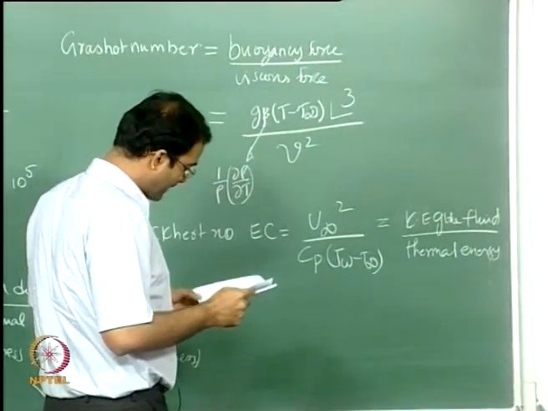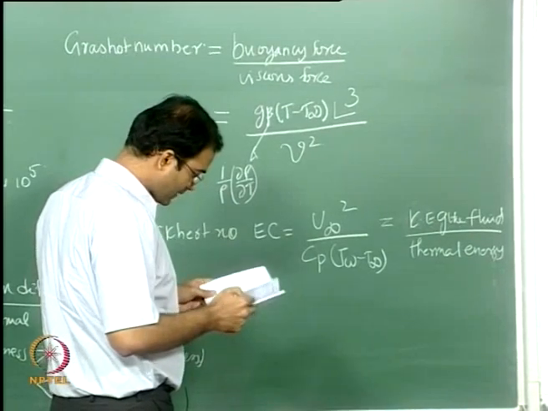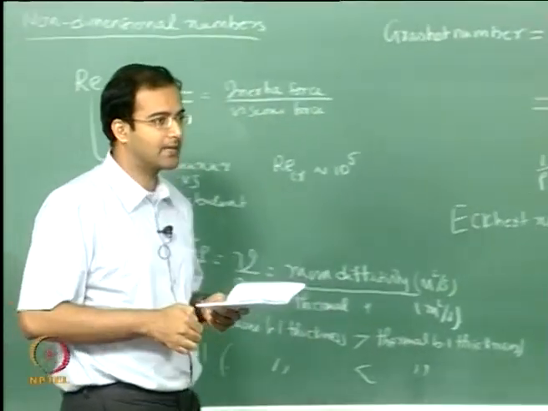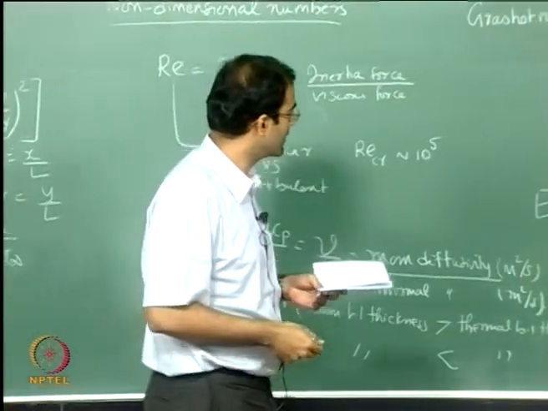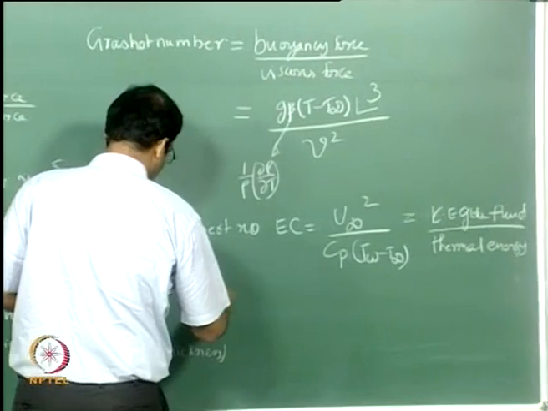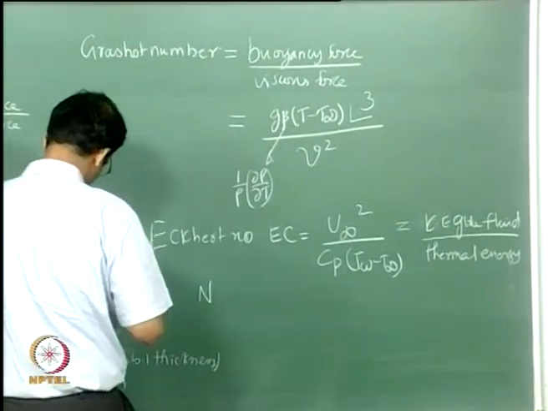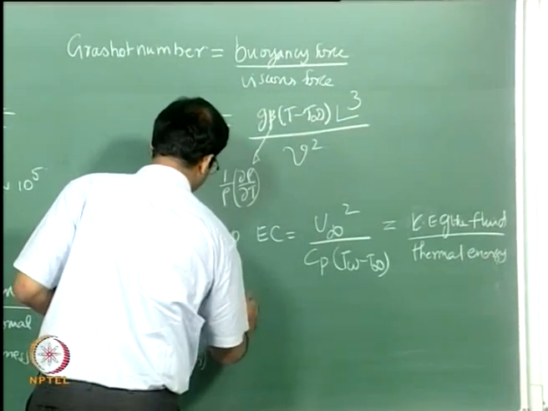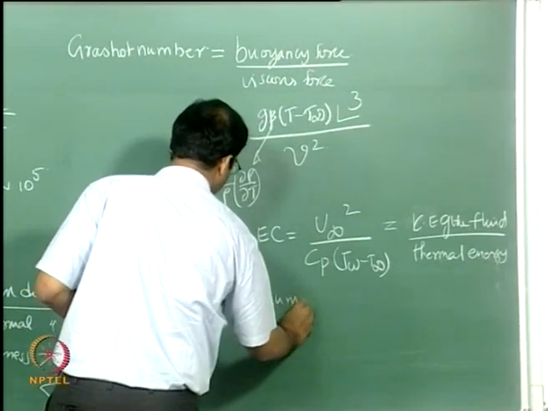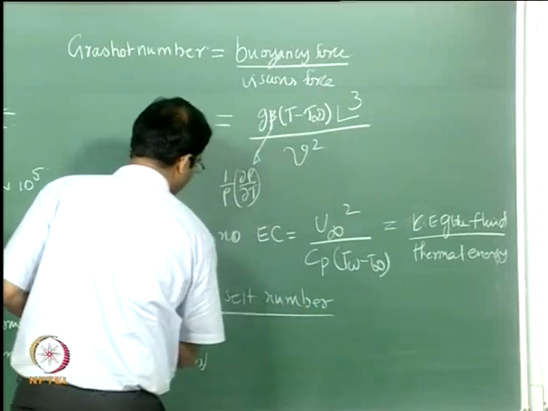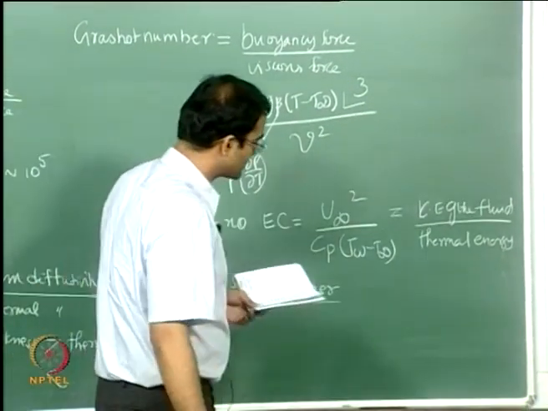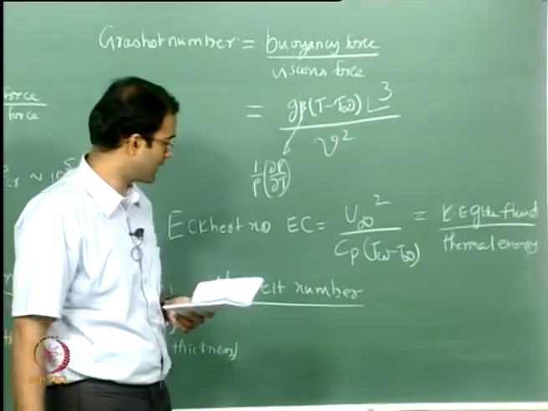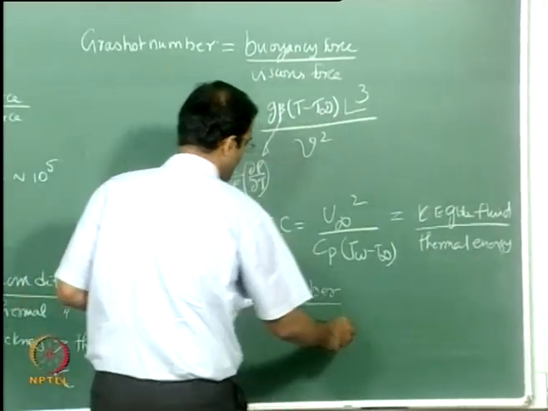We will go ahead and define one or two more which are important for heat transfer. Although they do not appear in the governing equations, we will use them very routinely. One is your Nusselt number. We characterize the heat transfer rate by means of a non-dimensional number, usually used in convection, called the Nusselt number.